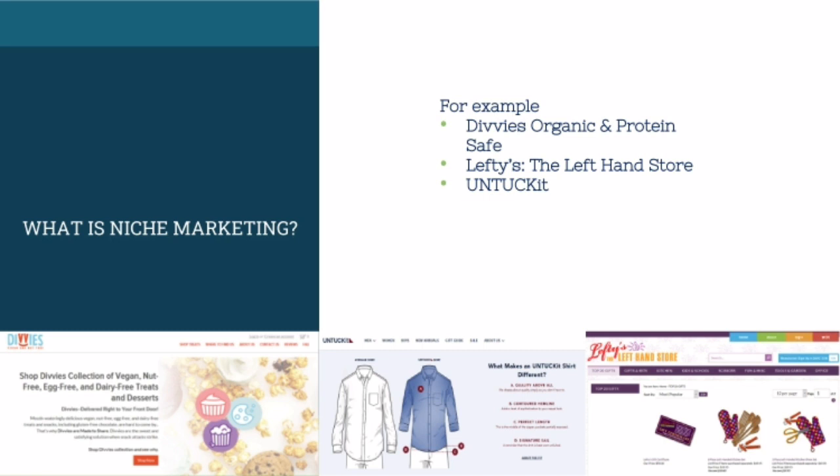An example is, let's look at these three companies: Divi's Organic and Protein Safe, Lefty Hand Store, and OnTag. The first one is Divi's Organic and Protein Safe. There are hundreds of companies that market candies and treats such as chocolate, brownies, popcorns, and cupcakes.